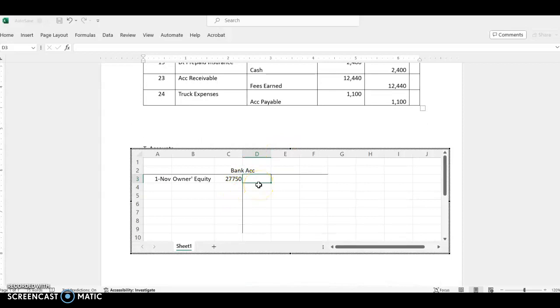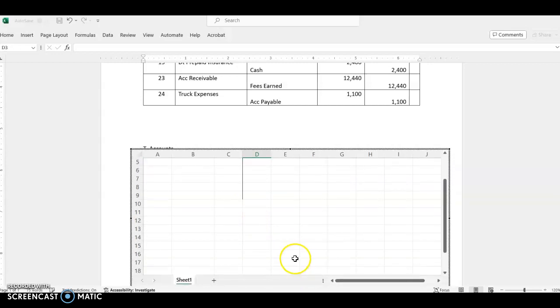Right, done with the first account. Proceed with the second account, which is owner's equity.